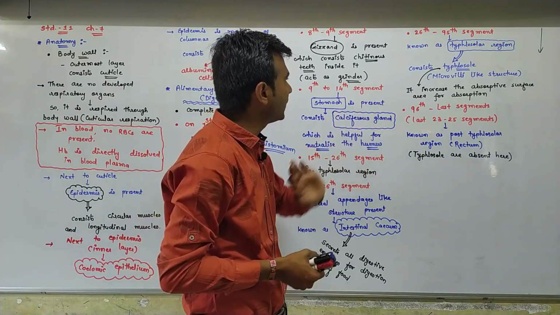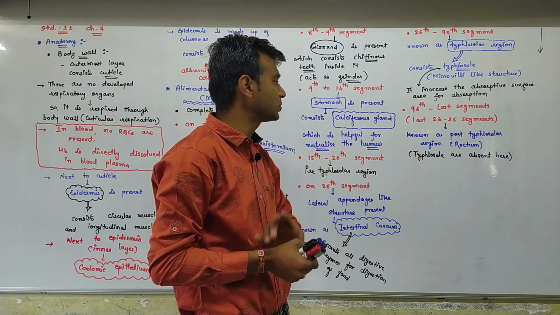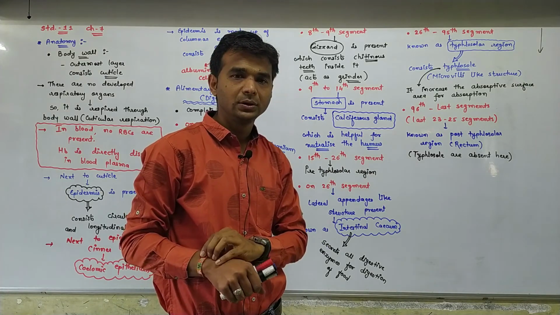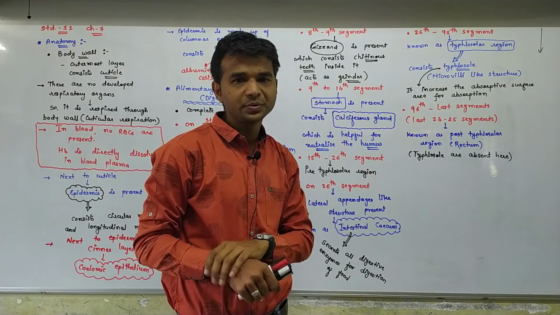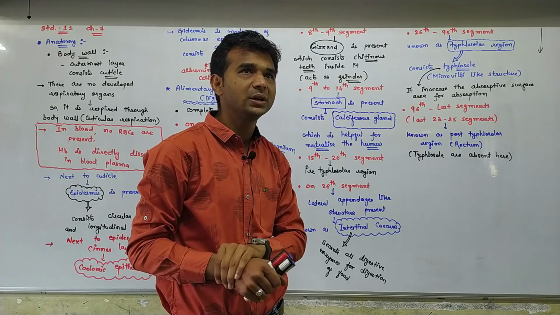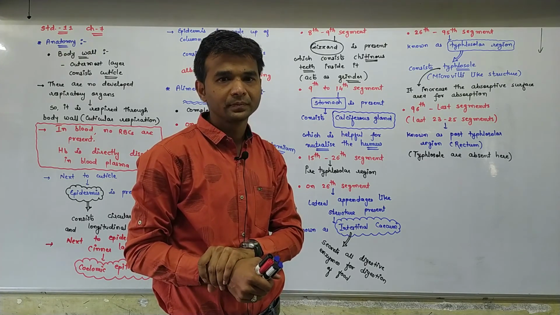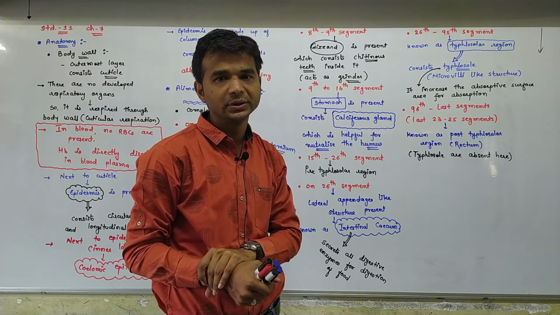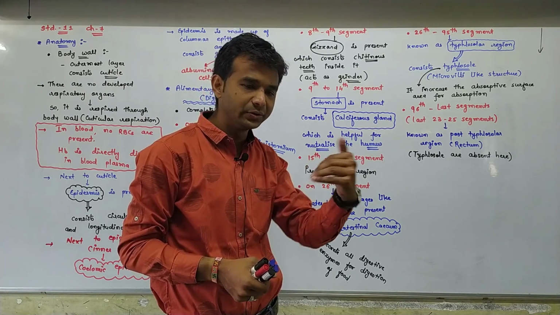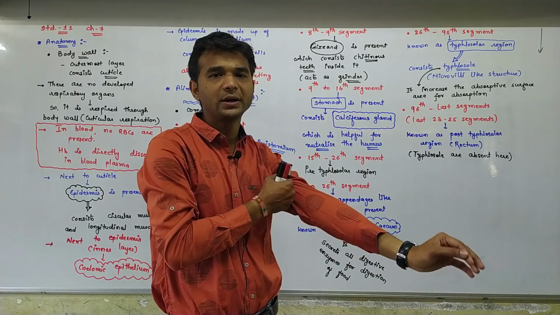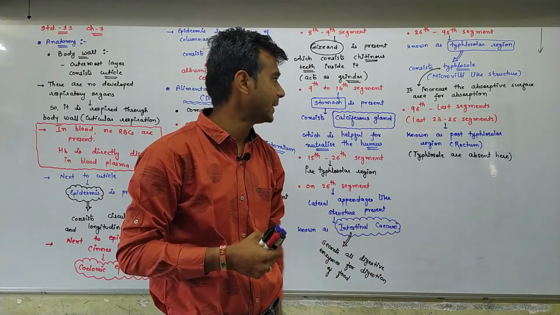After the 95th segment, no typhlosoles are there, so no absorption. After absorption, the undigested food is converted into excretory product, feces or stool.